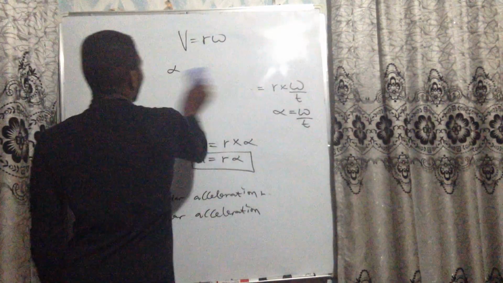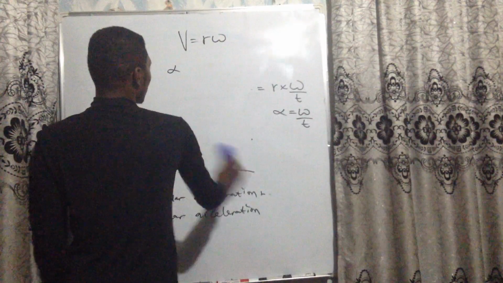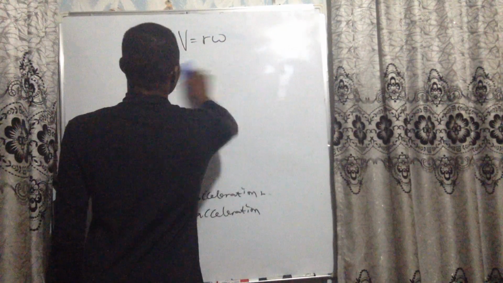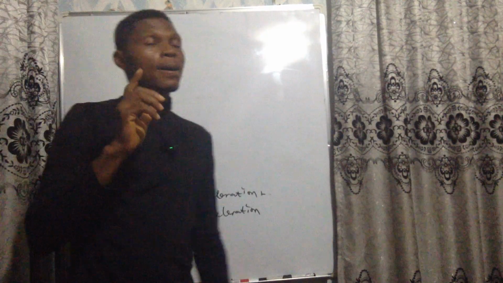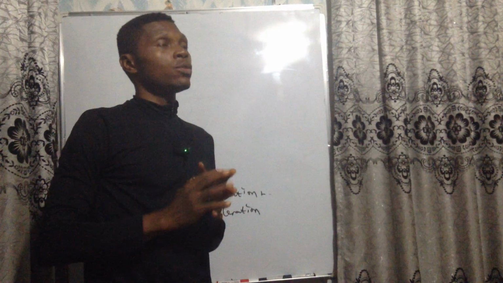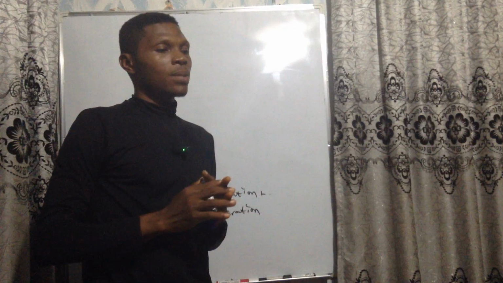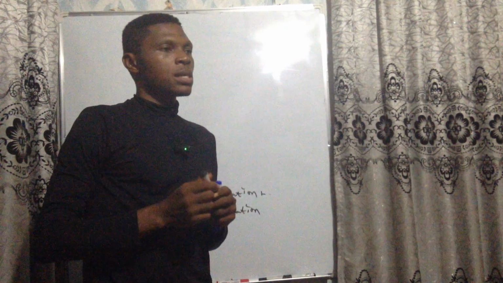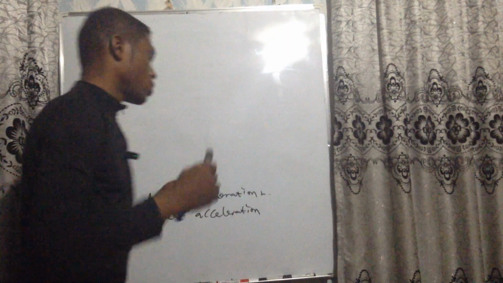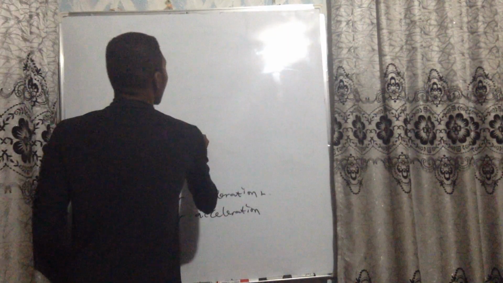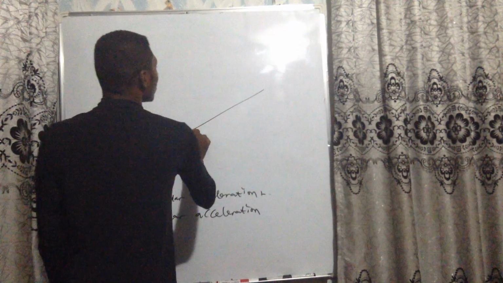So that's it. Now, I've defined everything that you need. What remains now is questions, and there is one more thing that I need to talk about, and that one is banked angle. Like, see what I mean? A car moving along a banked angle.